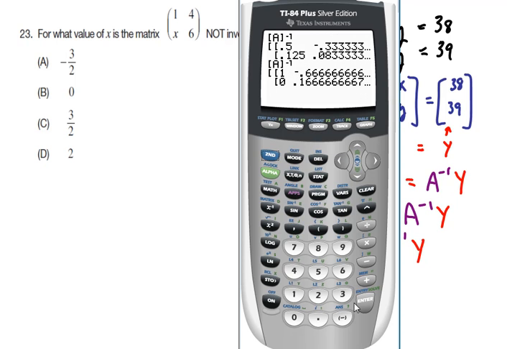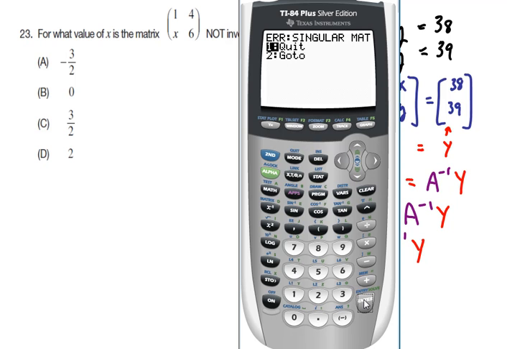And I want to run that again. This time, notice it gives me a singular matrix. A singular matrix on your calculator means that it is not invertible. And so the answer we could have found this way without knowing what else to do. But I'm going to talk about now how we would have gone about doing this using algebraic means. Now if I had put in 2 in there, it would have worked, just as the other ones.